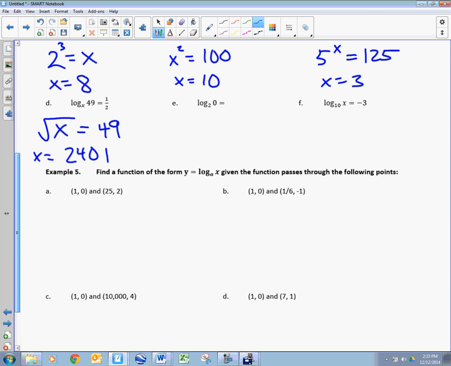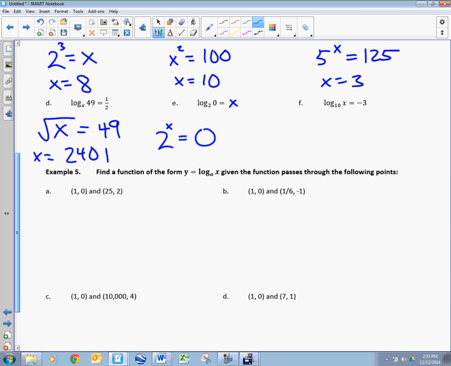Log base 2 of 0. That means 2 to what power is equal to 0? Why? Good. 2 to the 0 is 1, right? What's 2 to a negative power? Like 2 to the negative 3.